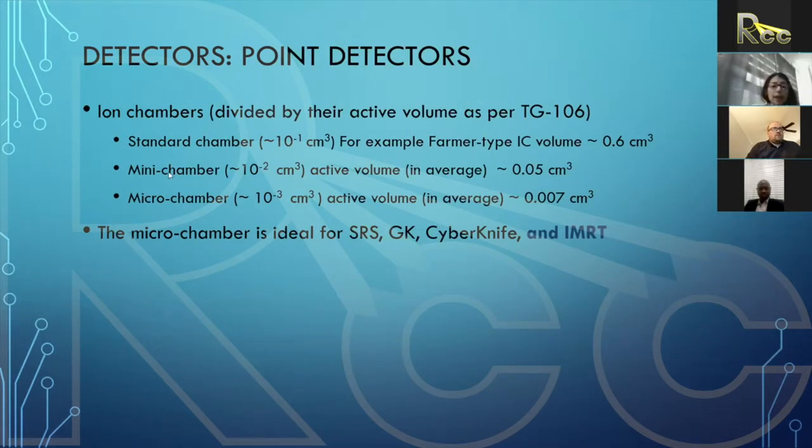Then we have the mini chamber with a volume on average of 0.05 cubic centimeters. And then we have the micro chambers with a very tiny volume of 0.07 cubic centimeters. According to TG106, the microchambers are ideal for CyberKnife and IMRT.